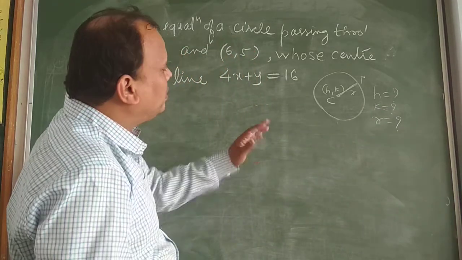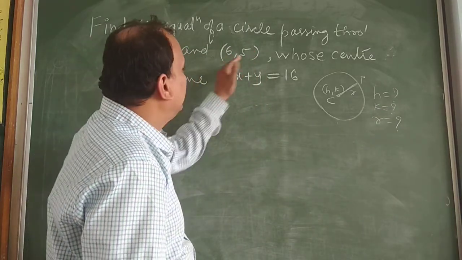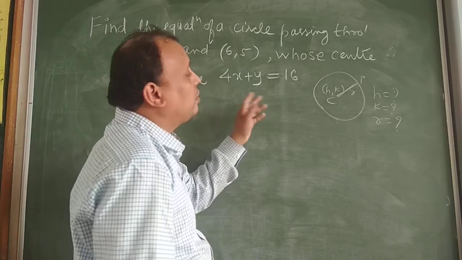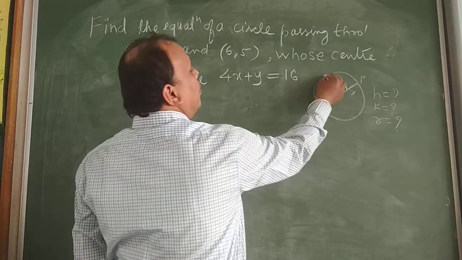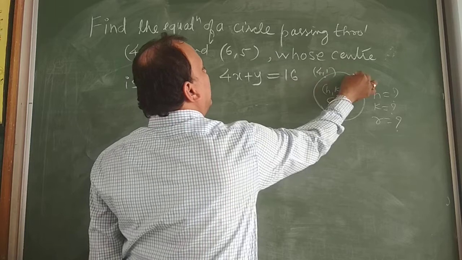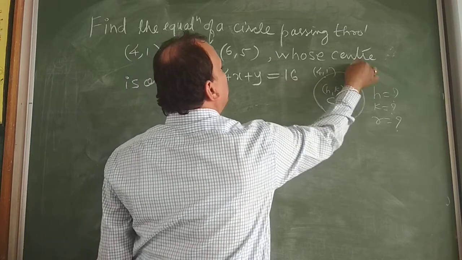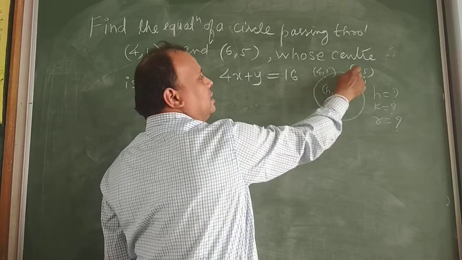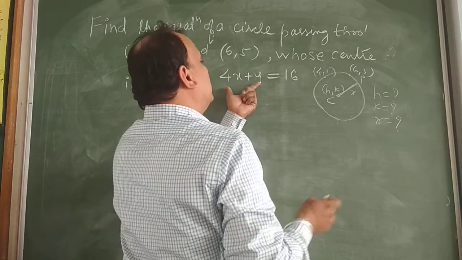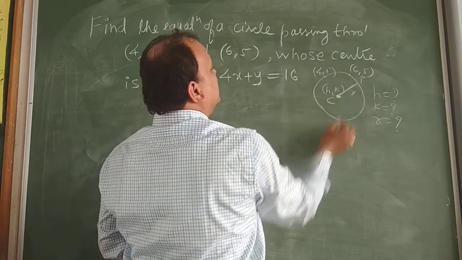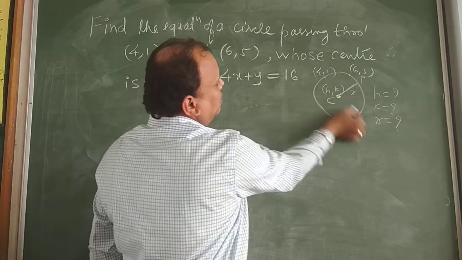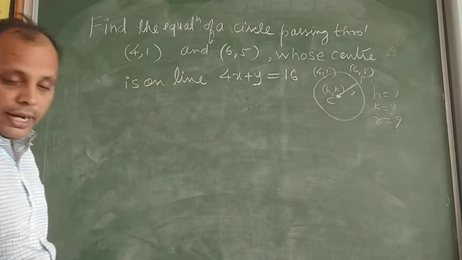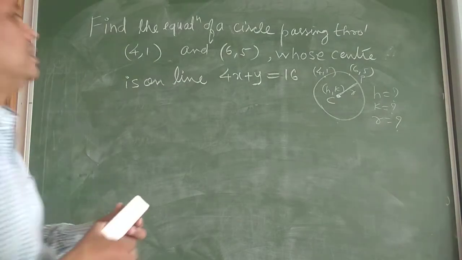So in order to find three things, we have got three distinct conditions. A circle passes through a point, say 4, 1, and another point 6, 5. Two conditions they have given: one condition, first point; second condition, second point. Then the third condition: the center is lying on the line 4x plus y equals 16.